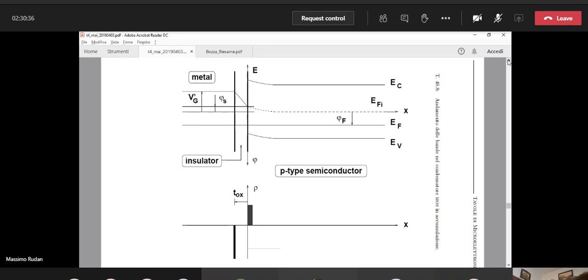So the accumulation of the surface, translated into the language of the MOS transistor, indicates that the transistor is off. There is no current possible in the transistor. So for this reason, the condition of accumulation is not so important.